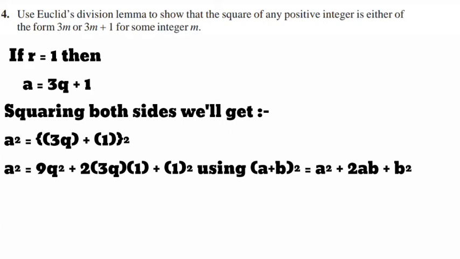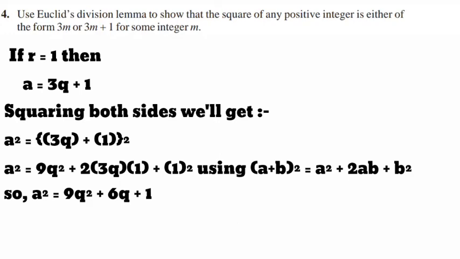We can use the identity a plus b the whole square is equal to a squared plus 2ab plus b square. So, a squared will be equal to 9q square plus 2 into 3q into 1 plus 1 squared. And if we solve it, we find a squared is equal to 9q square plus 6q plus 1.